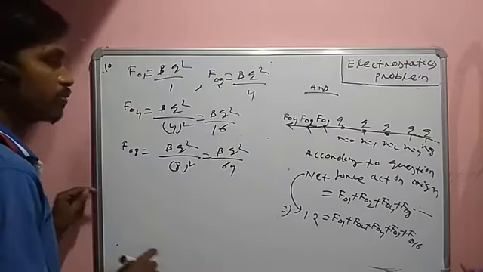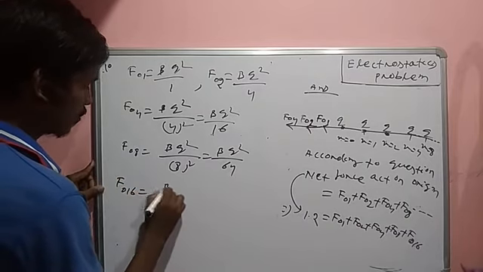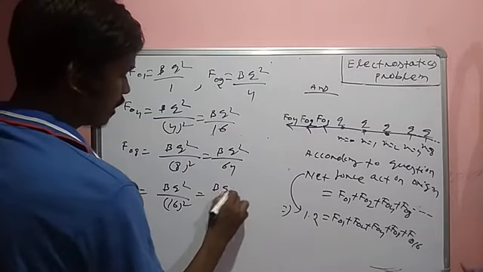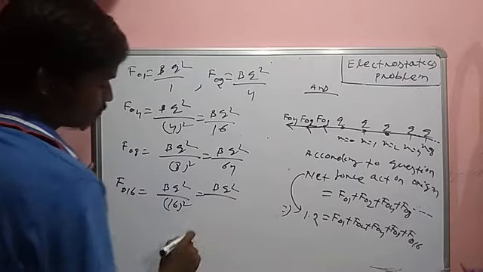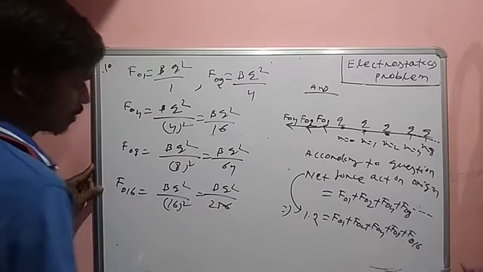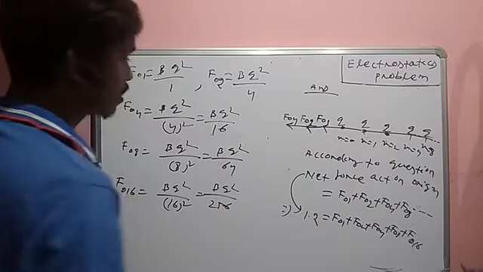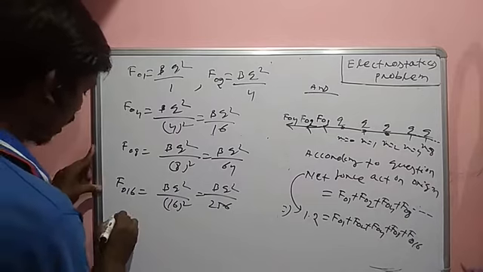Similarly F016 is k q squared by 16 squared, equal to k q squared by 256. This one, 256.